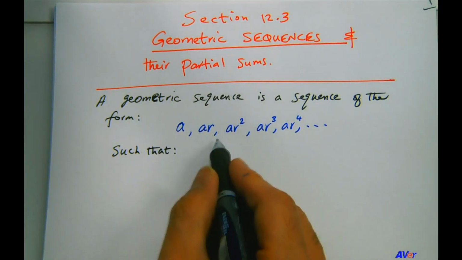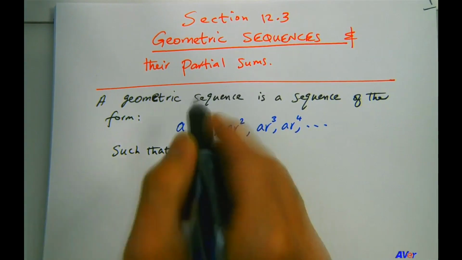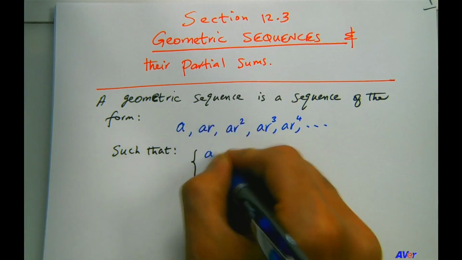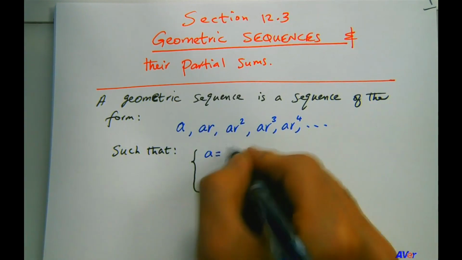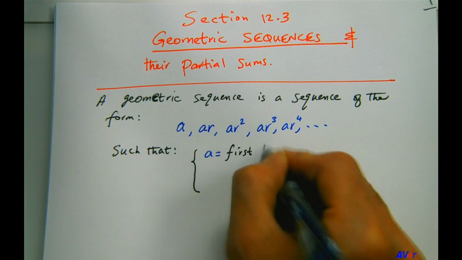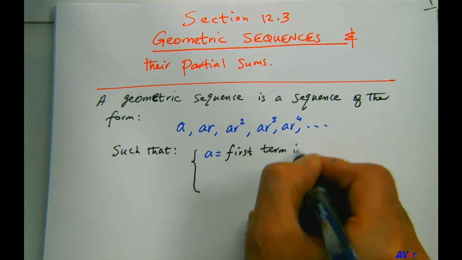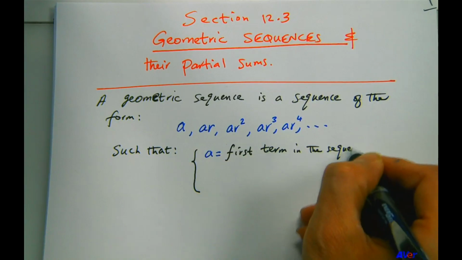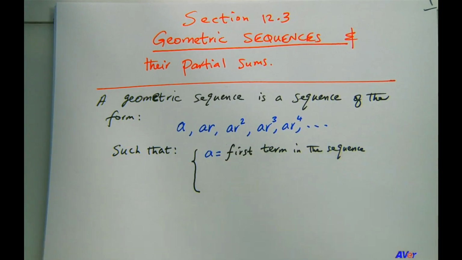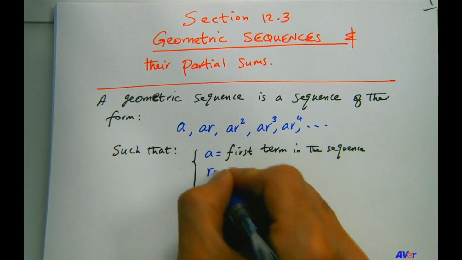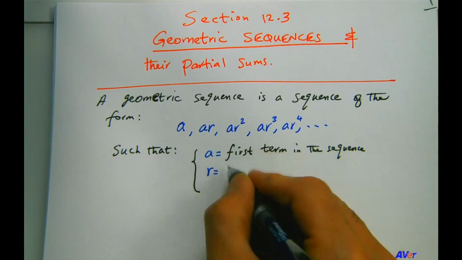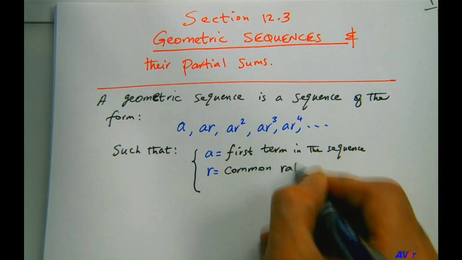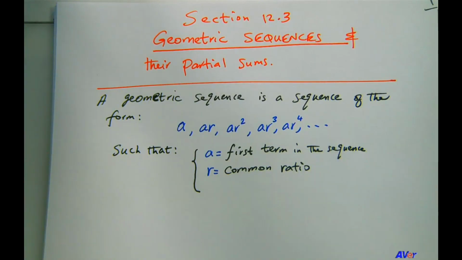So such that a is the first term in the sequence, and r is something we call the common ratio.